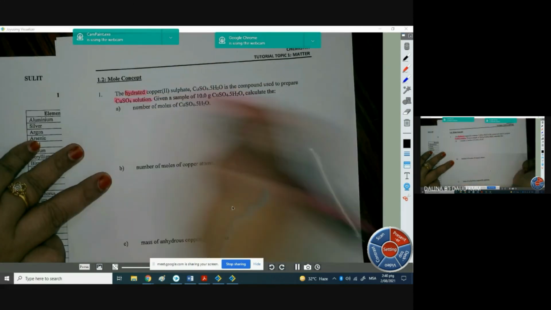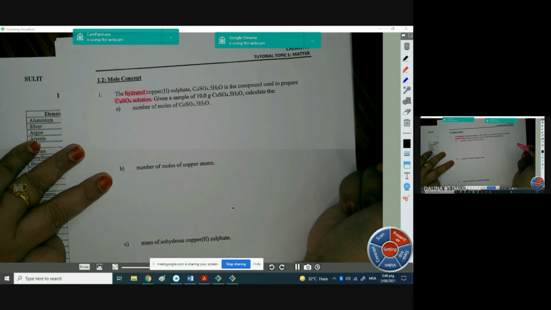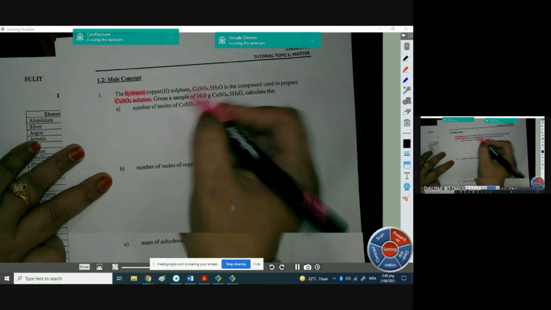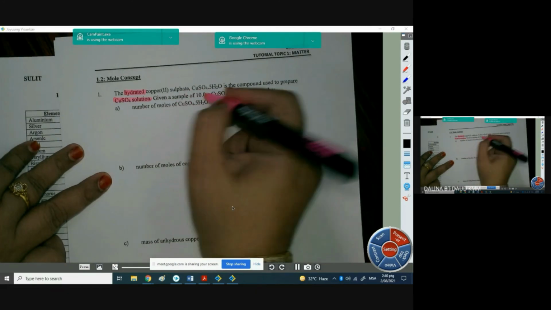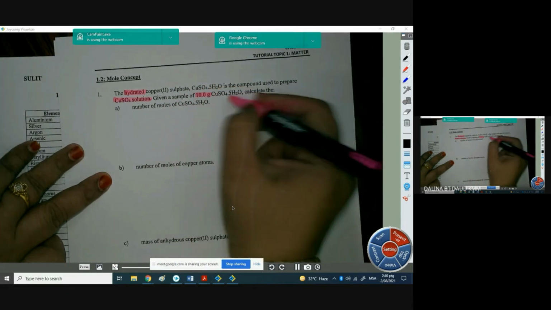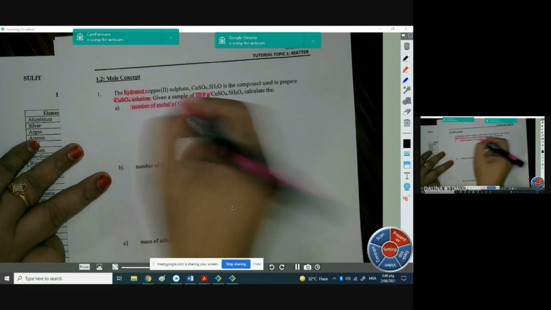When it is in water, the water will separate. Given a sample of 10 gram of hydrated copper sulfate, calculate the number of mole of hydrated copper sulfate. So we want to calculate the number of mole.